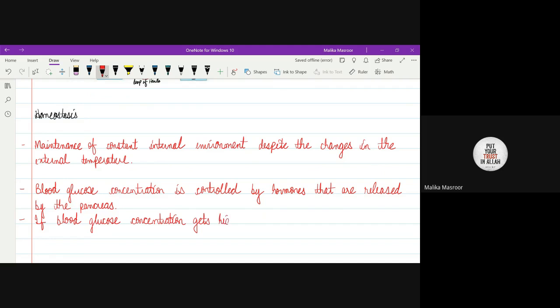Now, high means above the set limits. And if blood glucose concentration gets low, glucagon is released.